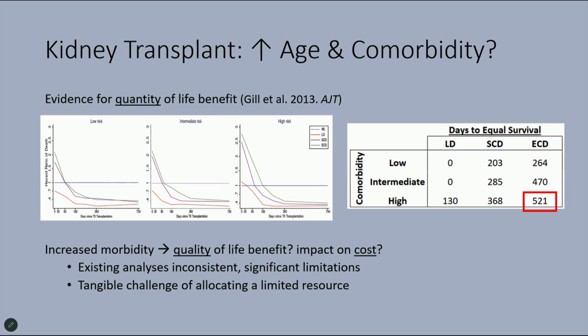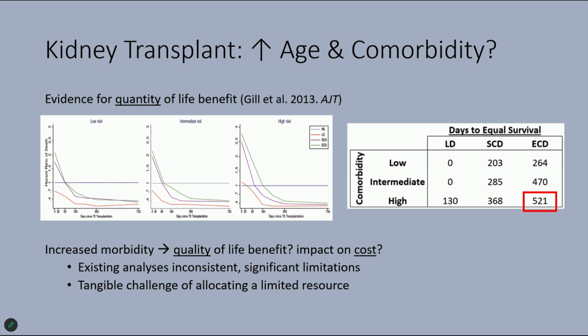What about older age or increased comorbidity? There's certainly an increase in morbidity with transplant in terms of surgery and subsequent immunosuppression. Nonetheless, there continues to be a survival benefit as demonstrated by another seminal UBC paper, particularly when patients receive higher quality kidneys.